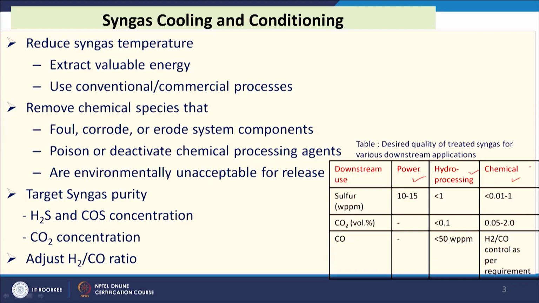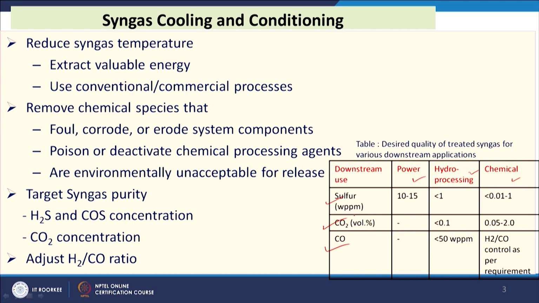Another fact is that for different types of downstream applications we need different types of syngas quality. As shown in this table, for power application, for hydroprocessing and for chemical applications of the syngas, we need different types of quality. Here sulfur, CO2 and CO concentration is provided for 3 different applications.